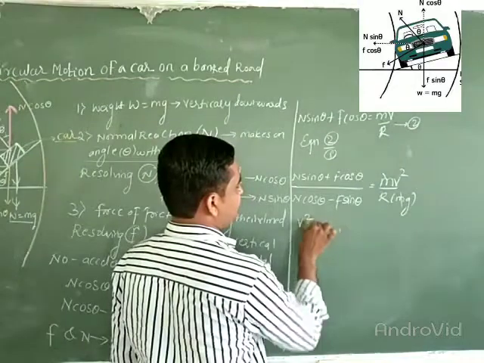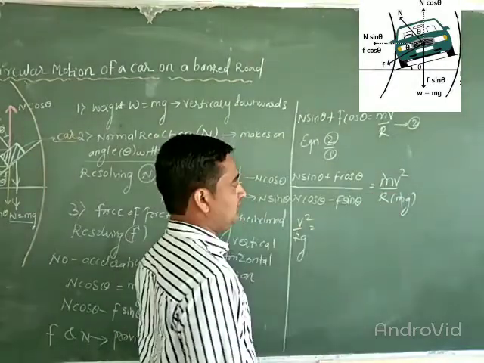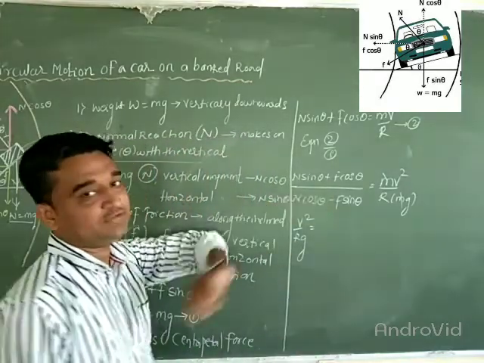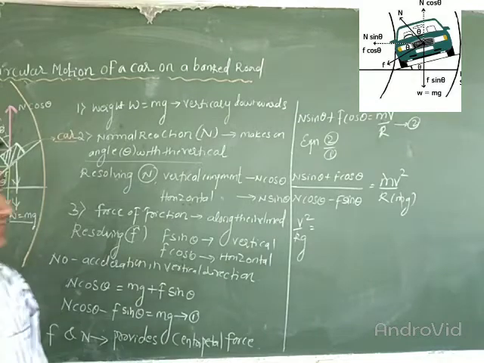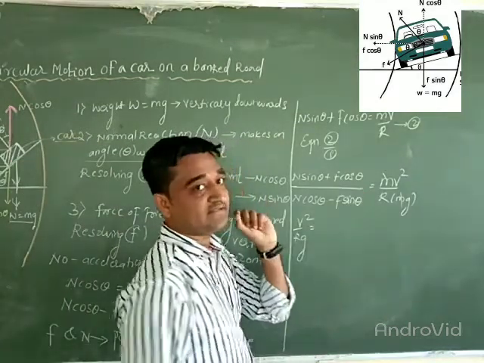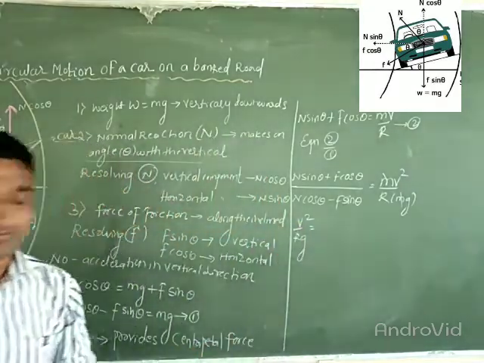Right? Therefore, v square divided by r g, we write this term on this side. So now again dividing the numerator and denominator by the term N, the normal reaction.